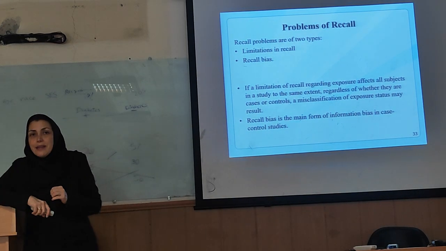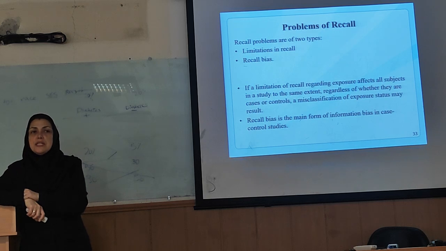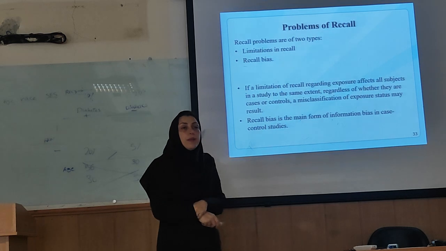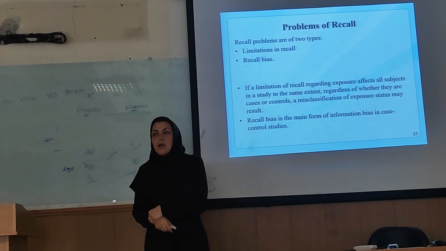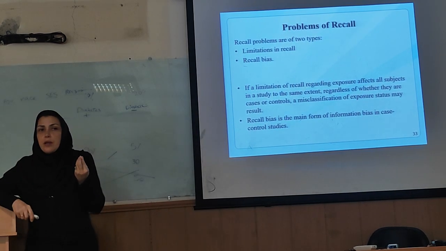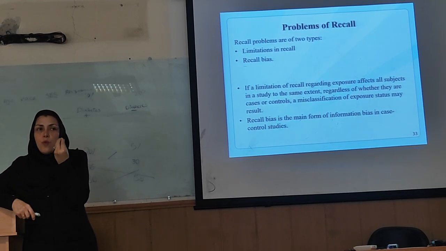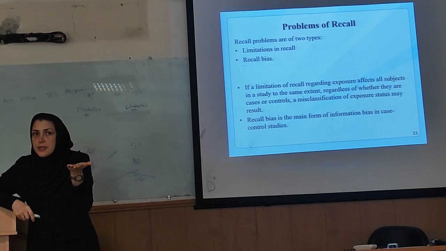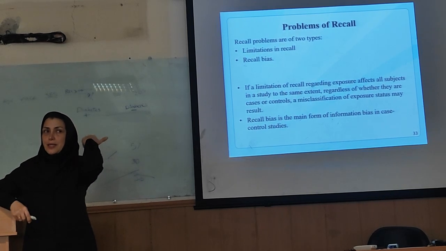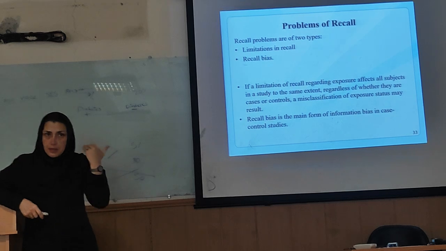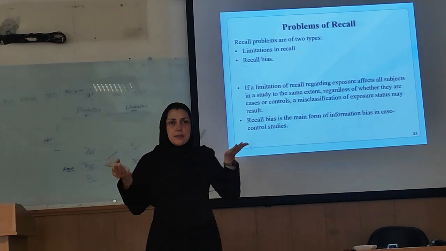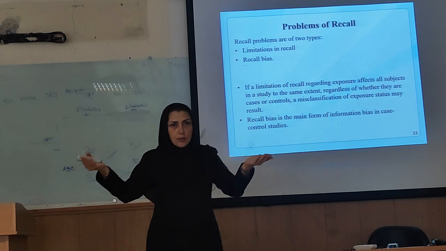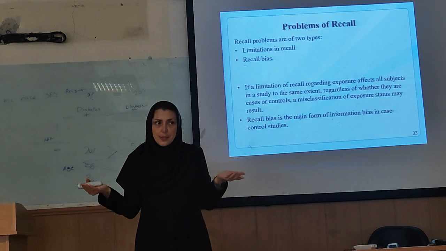One of the main disadvantages of case control studies is the problem of recall. What is the main way of finding association in a case control study? Asking about the previous history. Because based on the difference between prevalence of exposure in cases and controls, we want to find association.